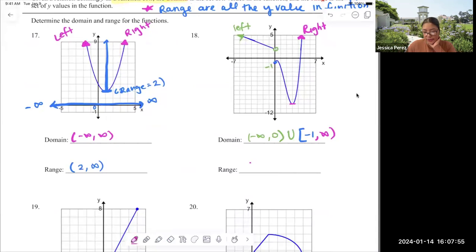So the -10 is included, so it's -10 all the way to infinity. So infinities will always have an open parenthesis because they're not bounded, meaning it's not a finite number, it goes on forever. So your range is -10 to infinity. In this one, the lowest point is actually here if we look at the whole graph. So -10 all the way to infinity. So for the domain we're looking left and right, for the range down and up.